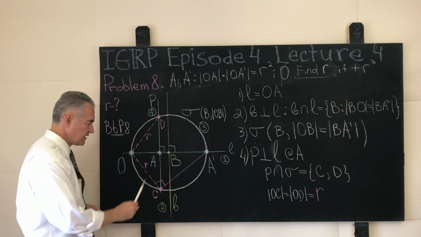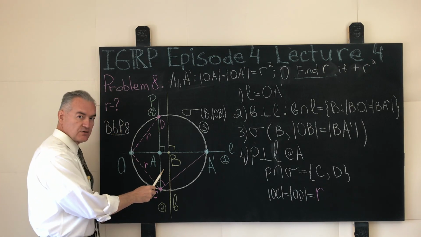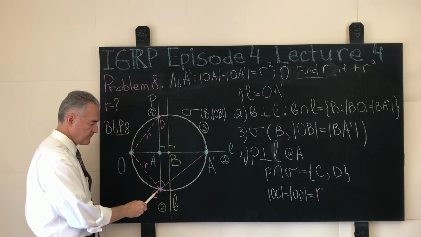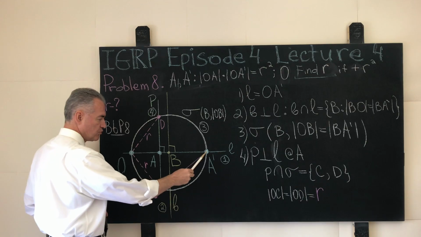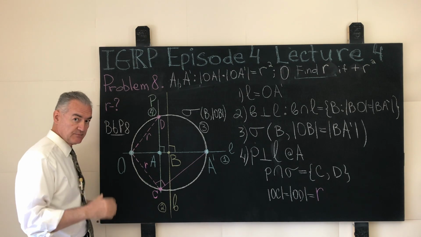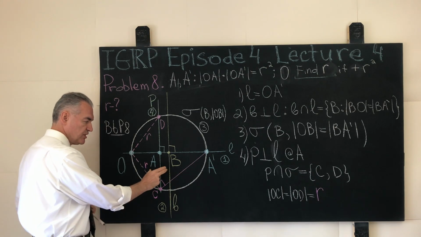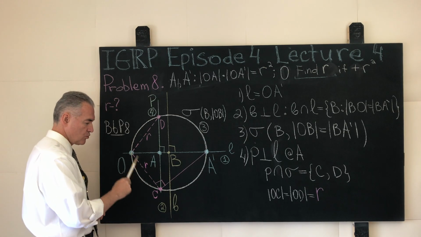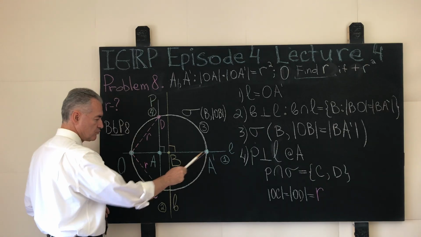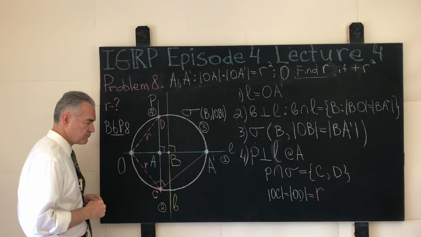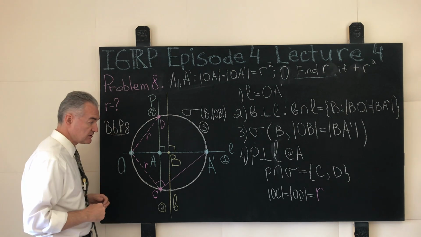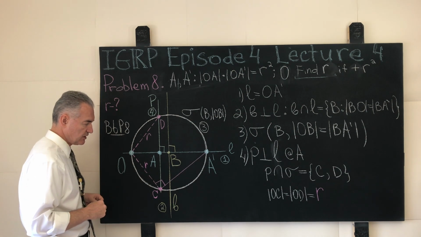The idea is that these two smaller right triangles, the triangle OAC and CAA prime, are similar, and both of these two smaller triangles are similar to the parent triangle OCA prime. That can be proven by basically chasing the angles. We already did that in the previous lectures. You can go back to your records and look over there.